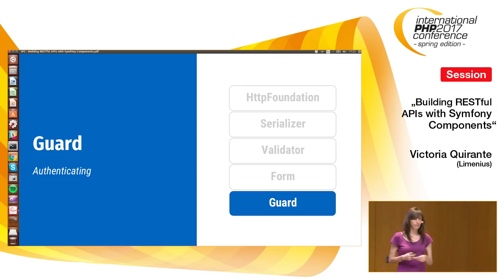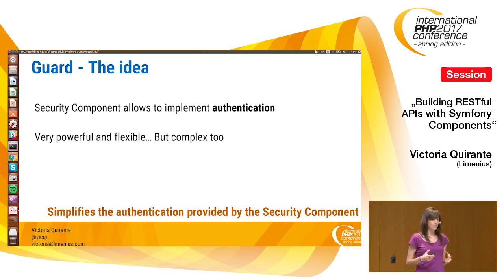All right, our last component is Guard. Guard is going to help us with authentication. In Symfony, we have a bigger and more complex component that is Security, okay? Security is very powerful, but it is also a bit complex. And they wanted to make something simpler, for simpler cases, so they came up with this Guard.